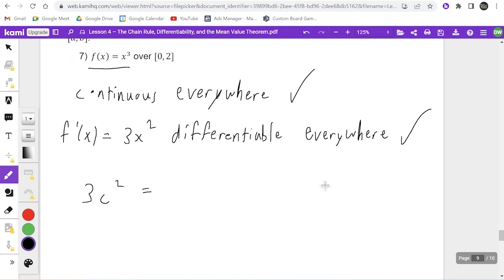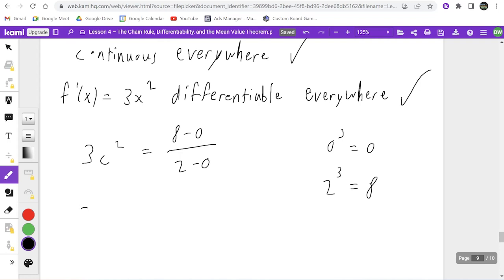So for instance, 0 cubed is still 0. 2 cubed, that's 8. So in other words, in my numerator, it's going to be 8 minus 0 divided by the x values, 2 minus 0. So it looks like we get 3c squared equals 8 divided by 2, which is 4.